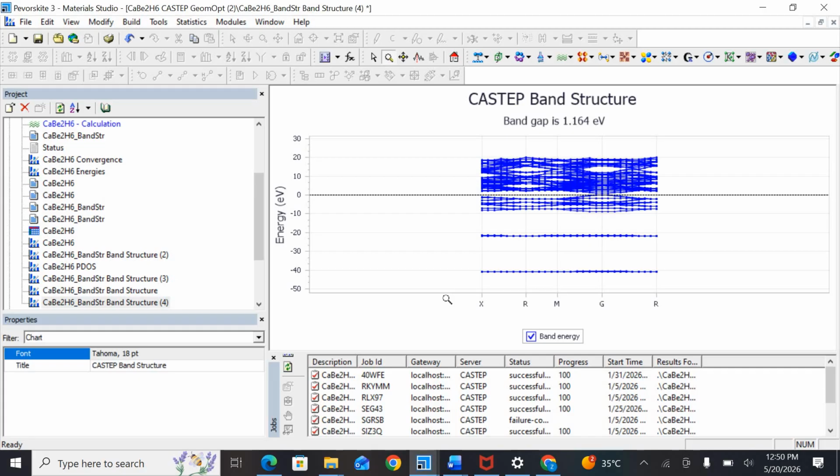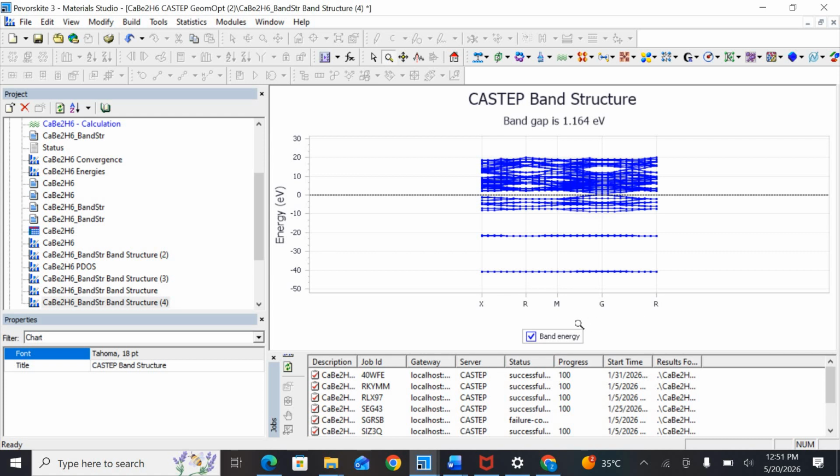So now when we look at a band structure plot, we must clearly understand its axes. The x-axis represents the k points, also called vectors in reciprocal space. These k points are taken along high symmetry directions in the Brillouin zone, such as X, R, M, G, and R, and these depend on the crystal structure.